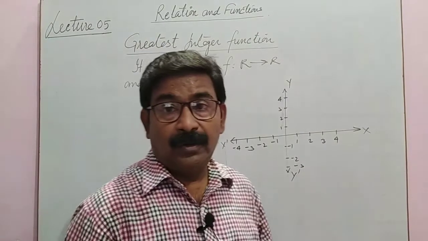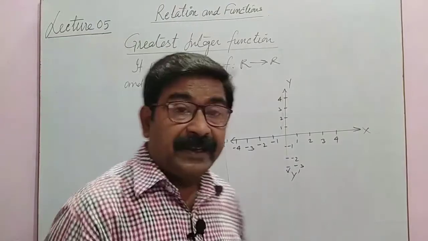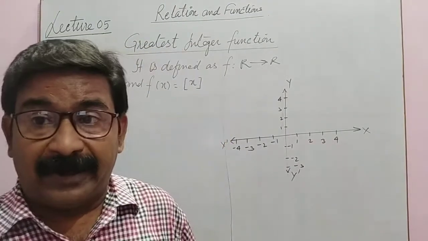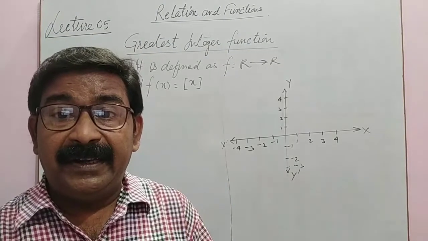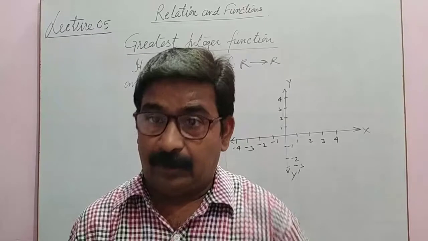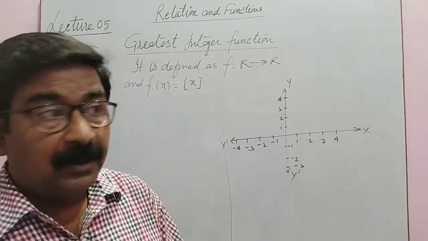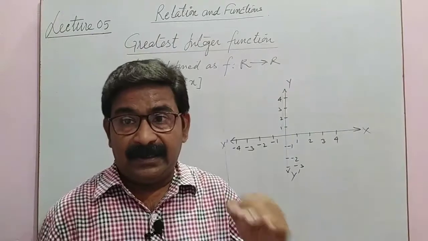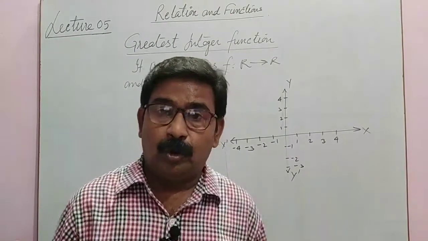So what is the greatest integer? Suppose you are taking x is equal to 1.5. The greatest integer is the integer found on the left side of that particular value. I am just talking about a particular value of x. If x is an integer, then all right, no problem. If x is equal to 2, it is an integer.